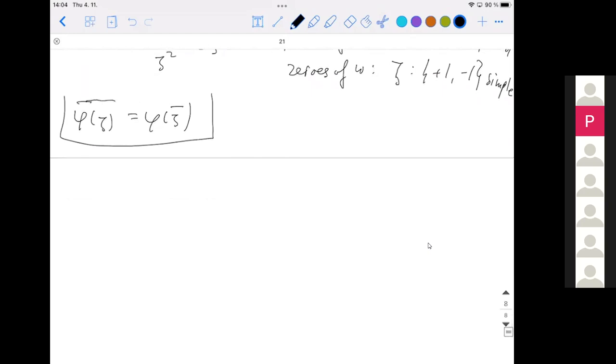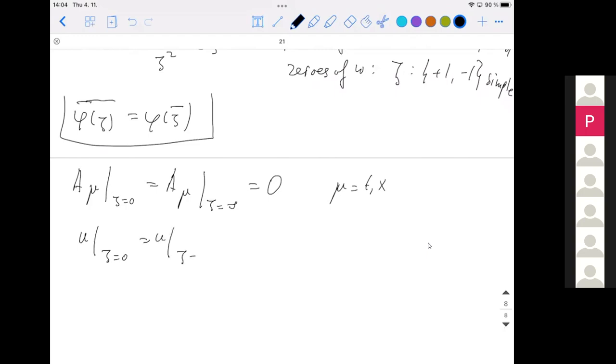Yeah, so we also have these boundary conditions here. At the poles, it disappears. And then the compatible gauge transformation with the boundary condition is that identity.